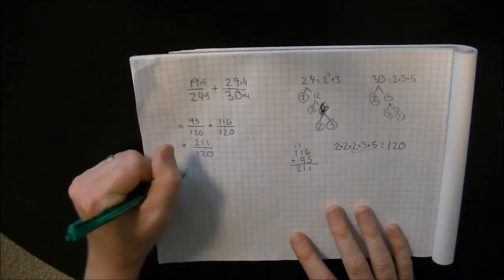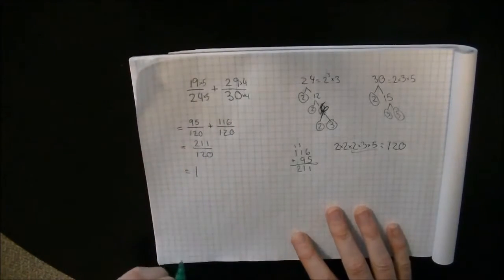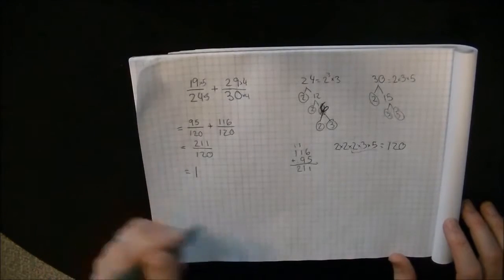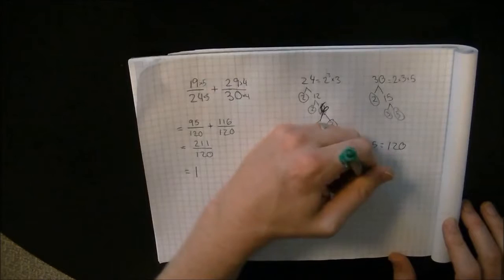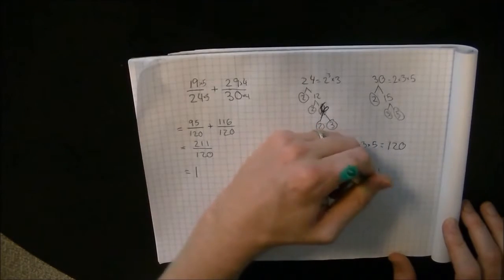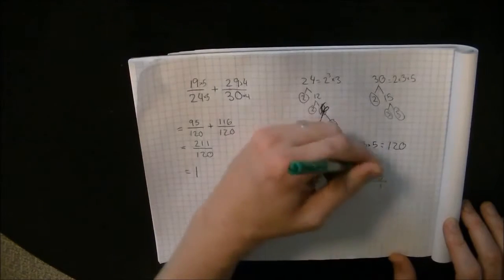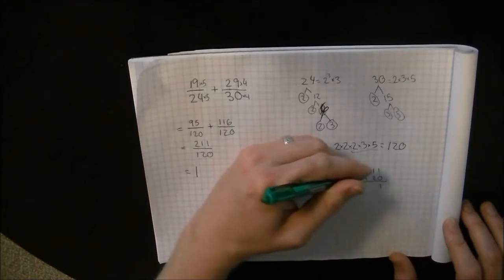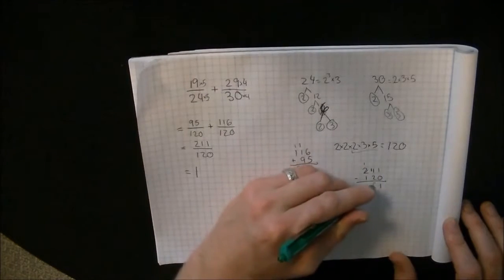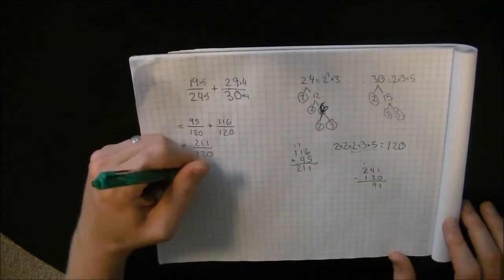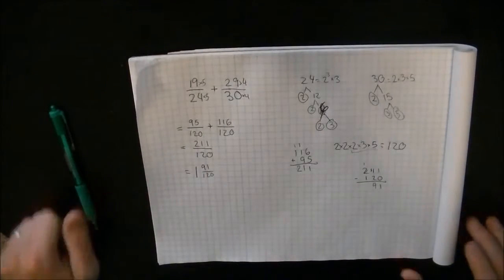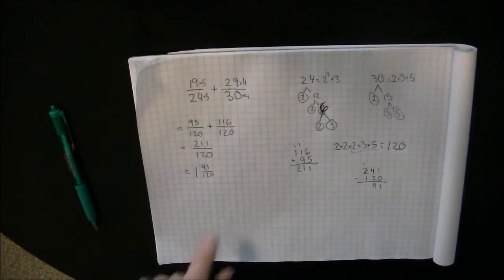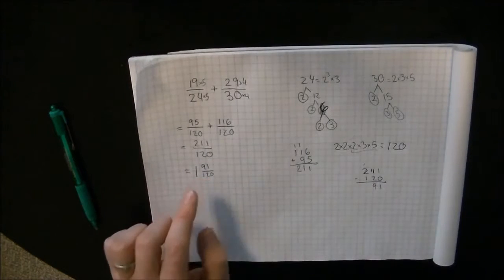Okay, which is a mixed fraction, a mixed number, 1 and, well, what? Well, 211 minus 120. 1 minus 0 is 1. 1 minus 2, can't do it, gotta borrow. 11 minus 2 is 9. So it is 1 and 91 120ths.